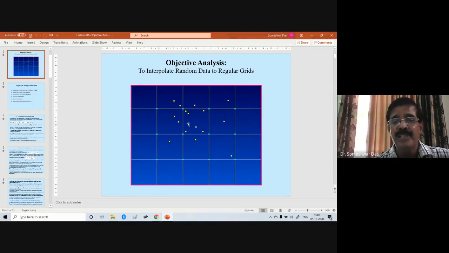Because before you start objective analysis, I mentioned that we have a first guess of the value. Suppose you are interpolating temperature or specific humidity or wind at all the grid points.